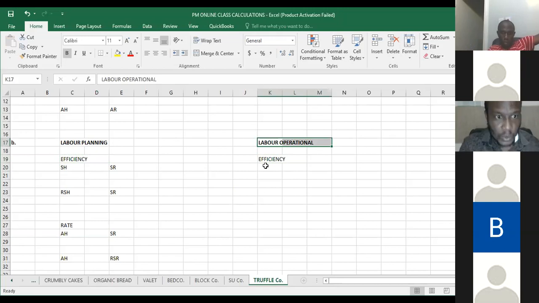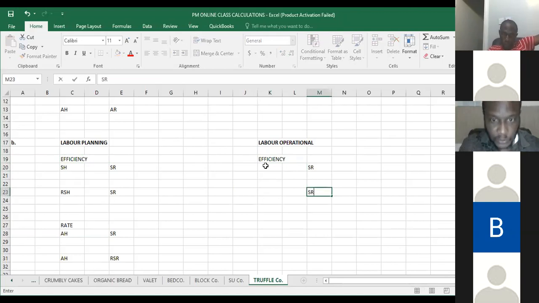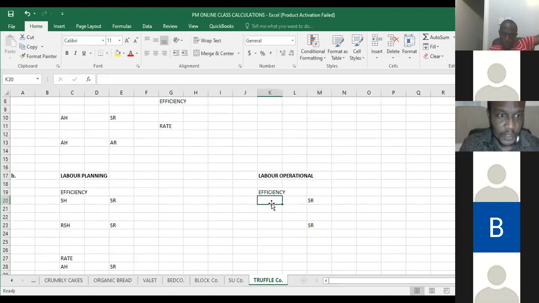So we'll just write it out one by one. So standard hour, and what are we comparing here? We're comparing our efficiency, the rate is constant. So we can have our standard rate and standard rate, Abby. So the standard rates are constant. So our issue is now with revised standard versus actual, right? The revised standard hour and actual.